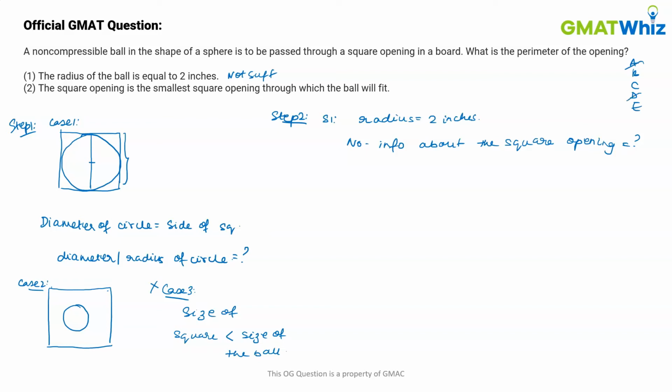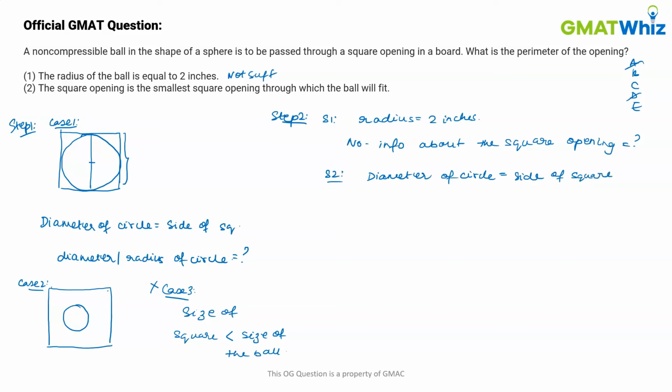Now we move on to analyze statement 2. Statement 2 tells us that the square opening is the smallest square opening through which the ball will fit. Now after reading this statement, you should be able to infer that this is case 1 which we had discussed in step 1. That is, in this case, the diameter of the circle will be equal to the side of the square.